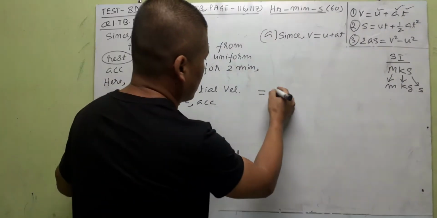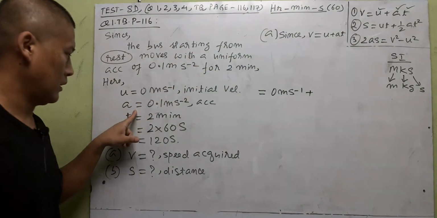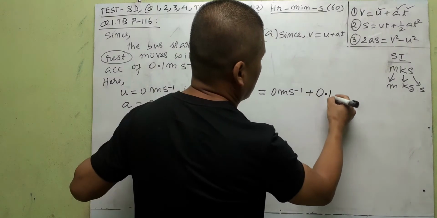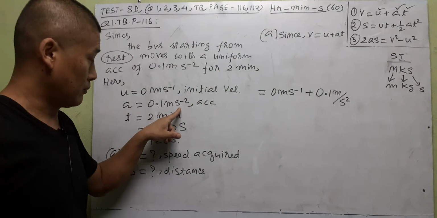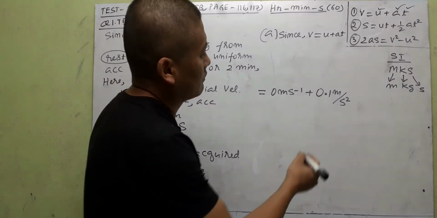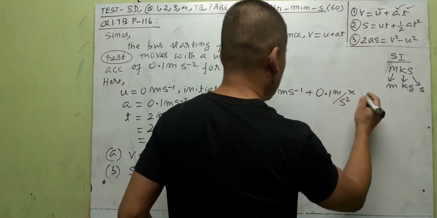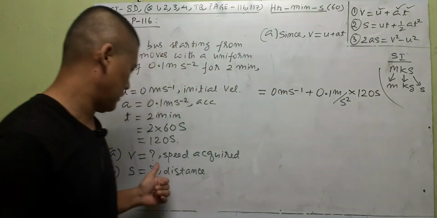So we write there 0 meter per second plus here A, so we can see here 0.1 meter per second square. If you bring this second to the power minus 2 down, then it becomes plus, right? Into T, so A into T, and time is 120 seconds, as you can see here.